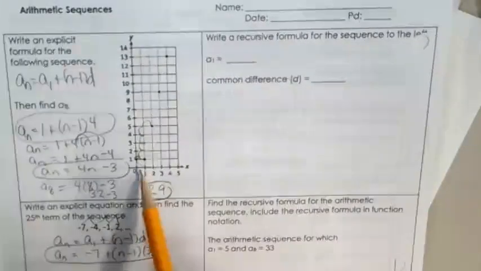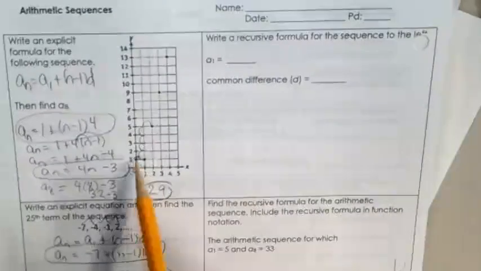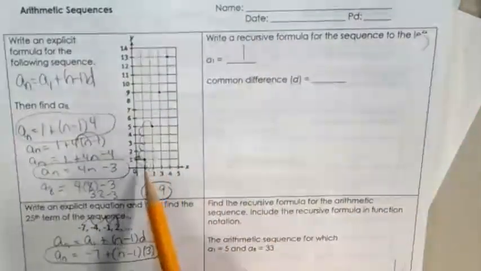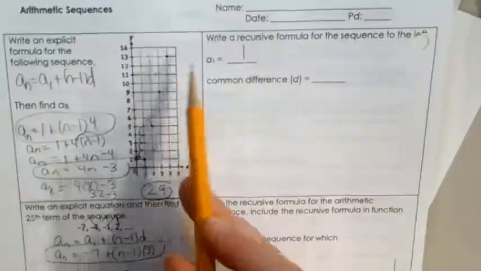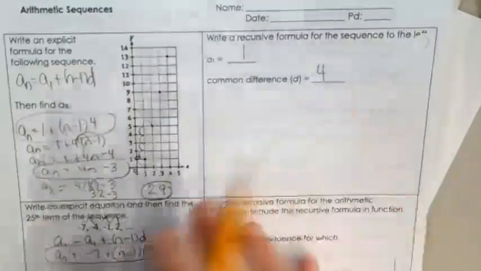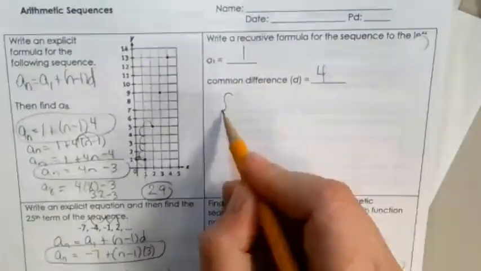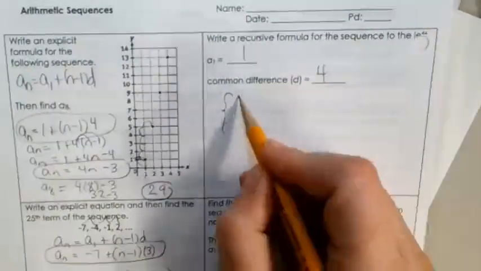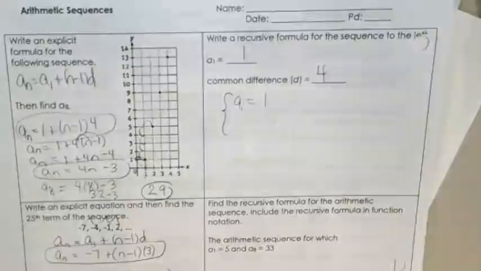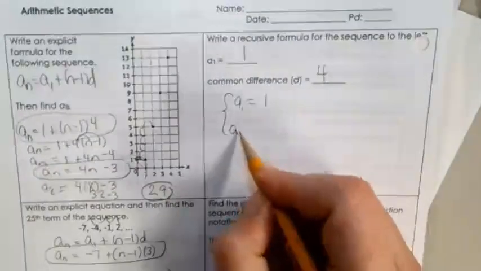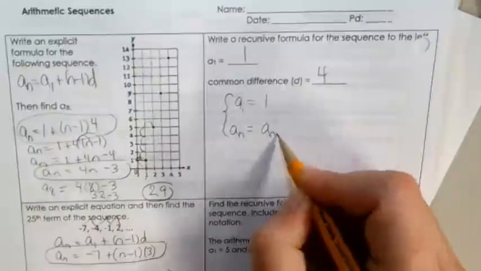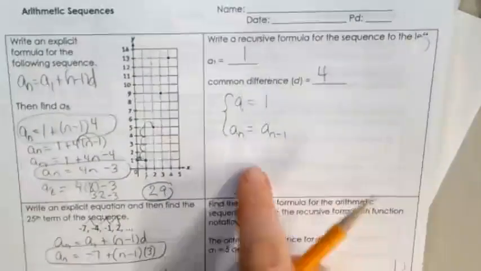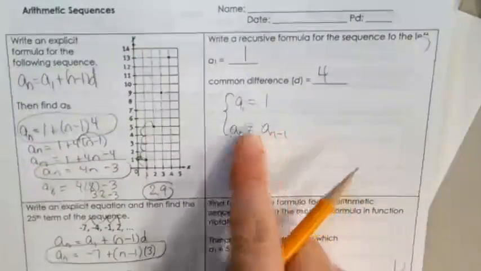Well, the first term we said right here, term 1 was 1. The common difference we said was the slope of that line. So we counted rise over run and got 4. So we just express it differently. The first term is written by itself, and then every other term is the term before it. So a sub n minus 1 just means the term before.